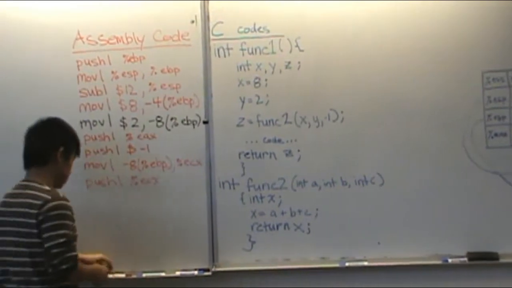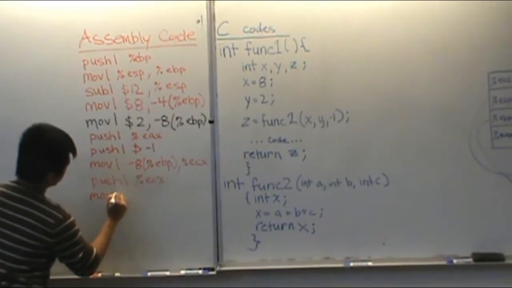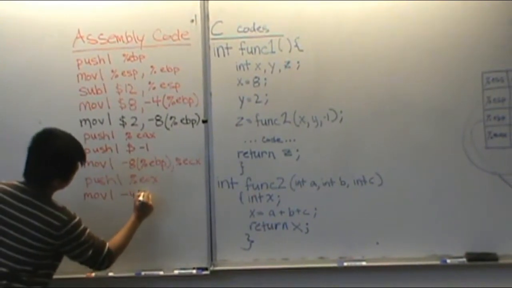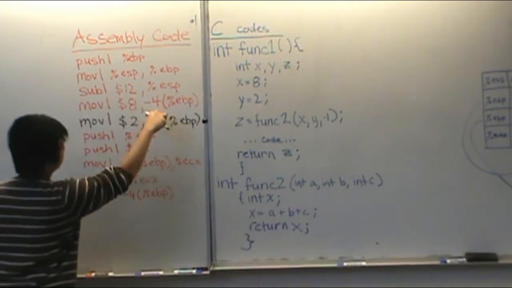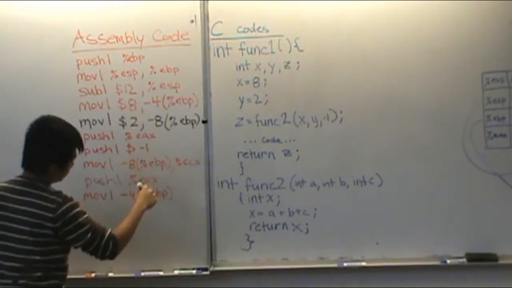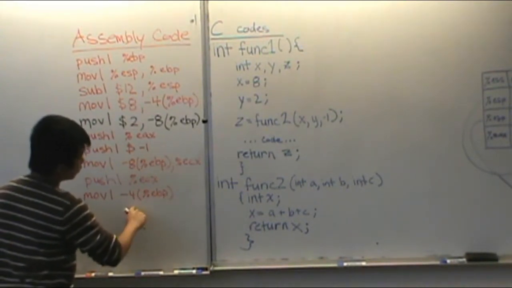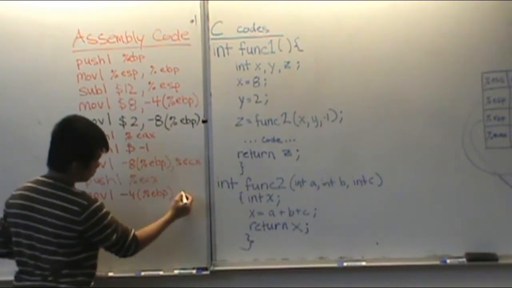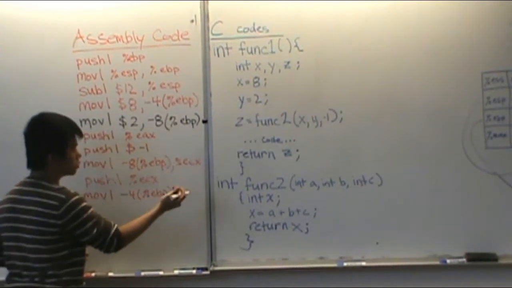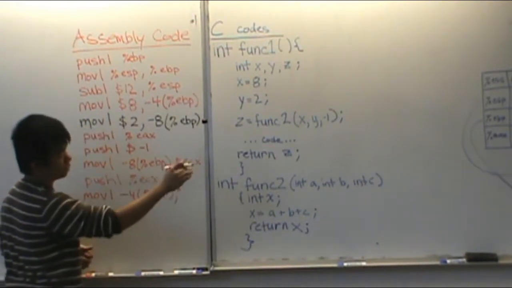For X, we do the same thing that we did for Y. So we have to move -4(%EBP), which is the variable that we stored 8 into X. So we put the variable X into, let's just say, the same register again, because we already saved it on the other one.